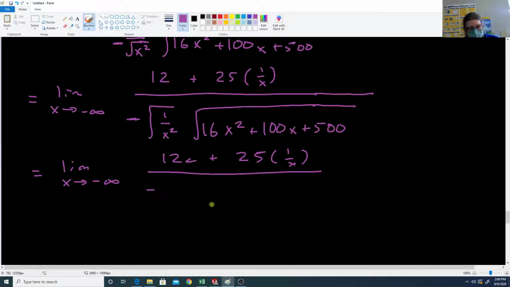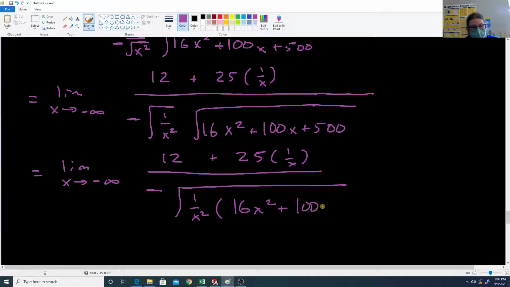So I'm going to combine this now. We got our negative, we got a big square root of 1 over x squared times 16x squared plus 100x plus 500. So we're still algebraically rearranging stuff.